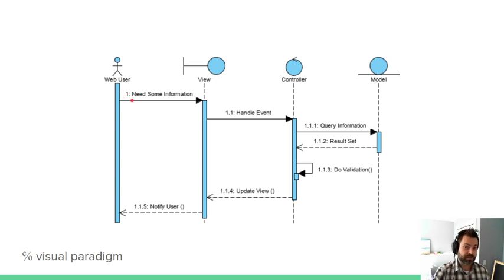The web user sees the view, which is probably a website, right? The view will handle the event, so the user clicks a button, tells the controller, hey, I clicked a button. Again, separate modules for all of these. The controller then routes this request to the model. So click a button, controller routes the user request to the model. Model is going to be your database.